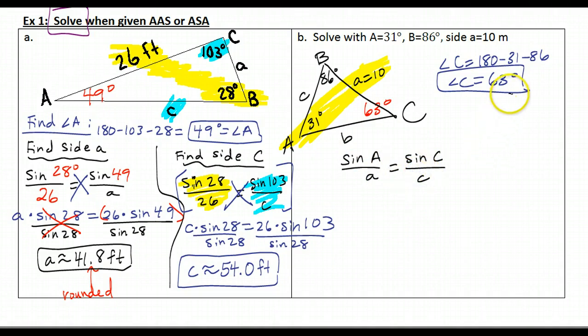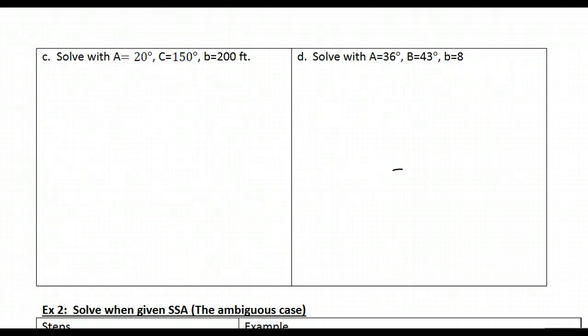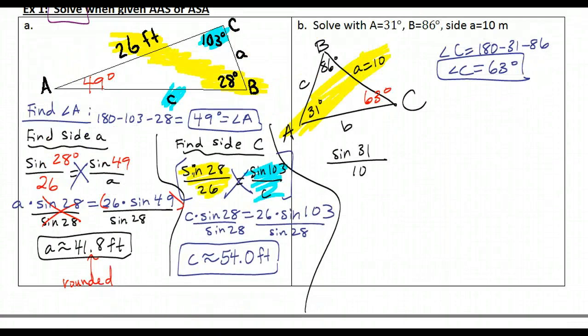But again, you just have to know sine of the angle on top divided by the side across from the angle. So in this case, sine of 31 over 10, that is representing my A, and then sine of 63 over C.